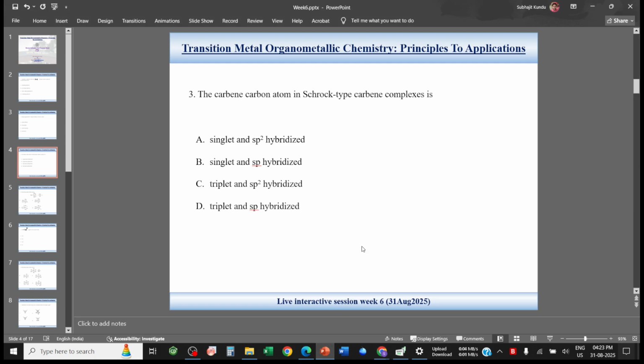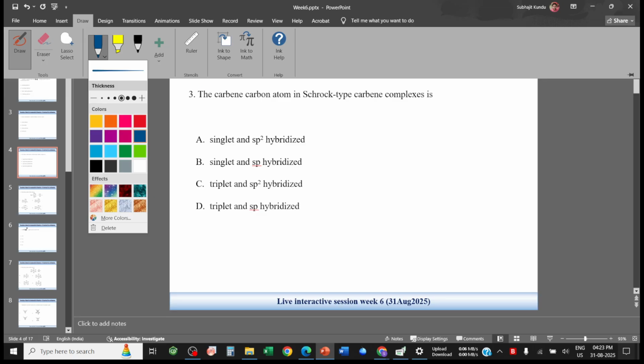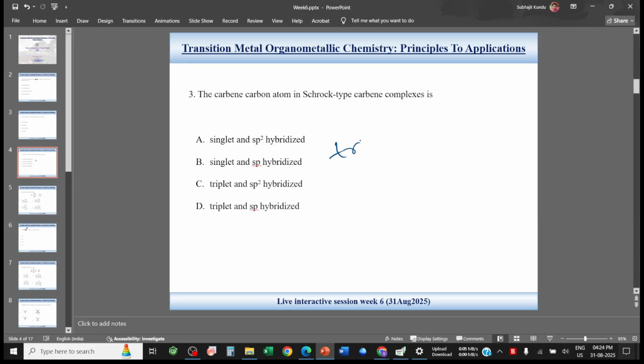So the Schrock type carbene will have a triplet state and the hybridization will be sp2.